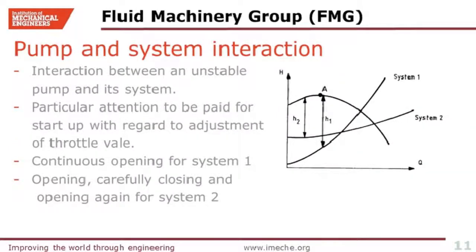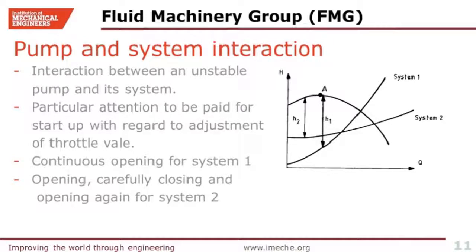So here we have an unstable pump A, which we are going to use in two different systems. System 1 is mainly governed by friction loss, and system 2 is mainly governed by static head. These are typical curves, and they've been exaggerated to highlight the discussion point.